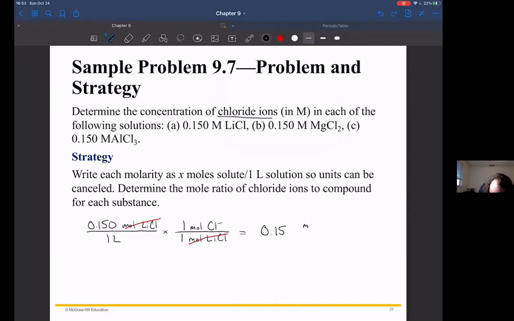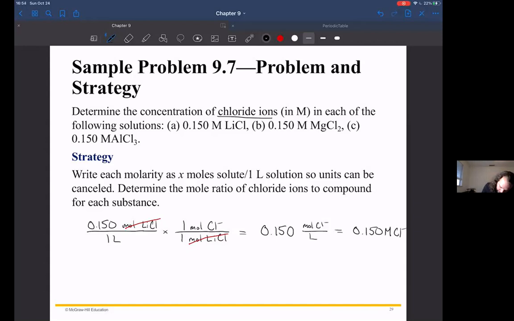So this would be moles of Cl minus over liters. Those are my units. And then if I'm going to do sig figs, I'm going to note that I should have 3 sig figs. So I should actually throw a 0 on there as well. So this is 1.150 and then molar chloride, right? So moles per liter is again just that big M.